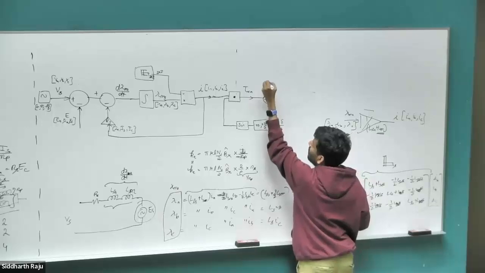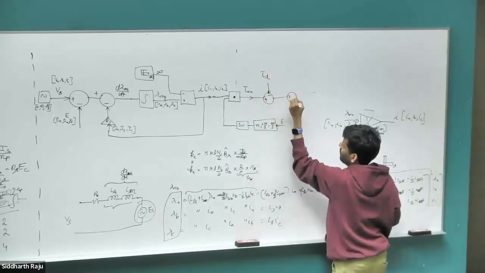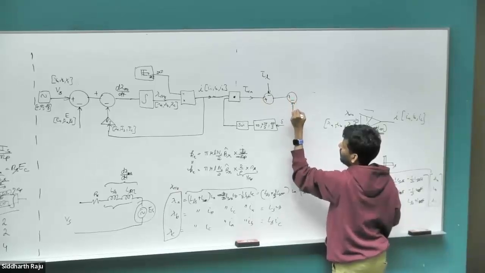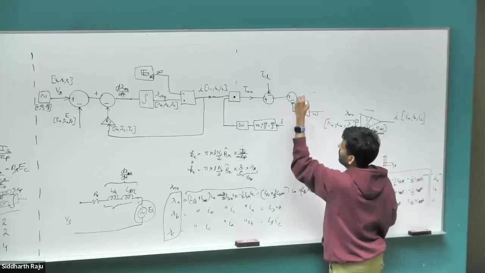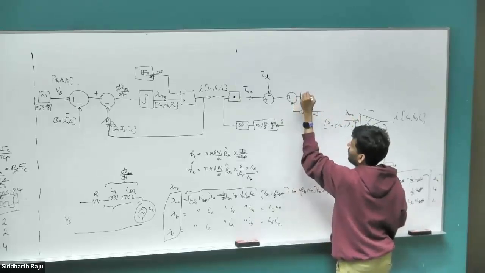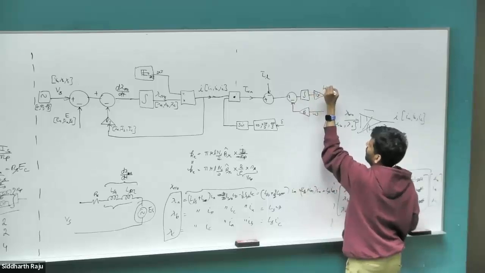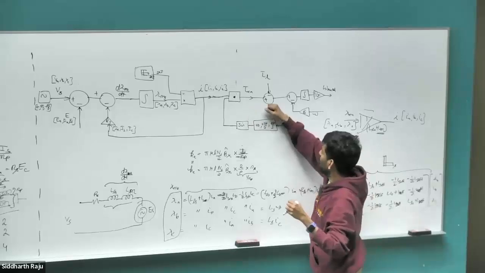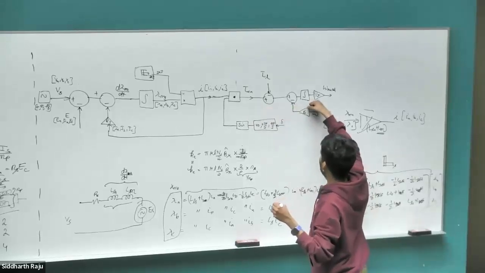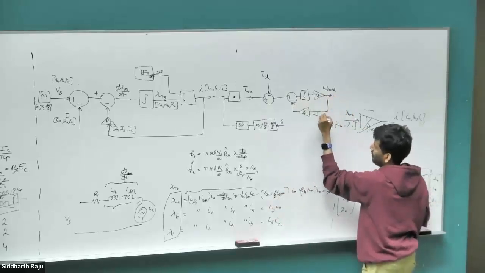You subtract the load torque, you subtract the drop across the friction, and you integrate this and divide by the inertia. This would give you omega mechanical. Basically, the top equation that I presented: tau EM minus tau L minus b omega is equal to J d omega by dt, divided by J and integrated, you get omega mech, and you use that omega mech here.